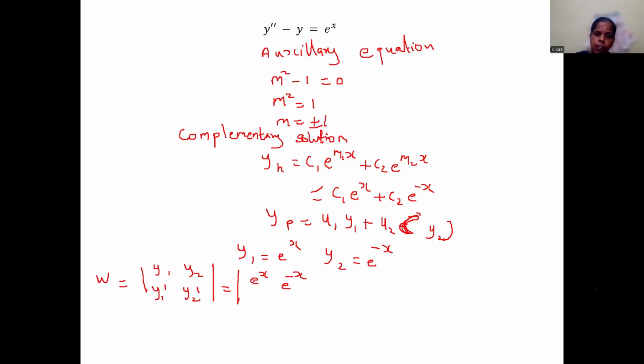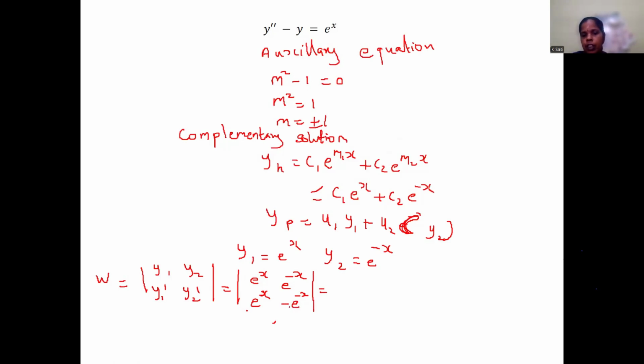And what is the differentiation of e power x? The differentiation of e power x is e power x, and the differentiation of e power minus x is minus e power minus x.